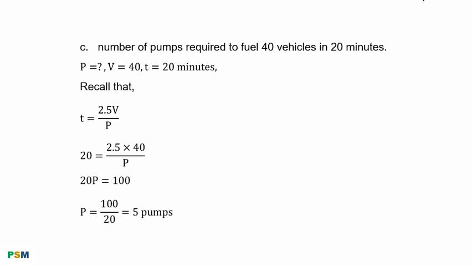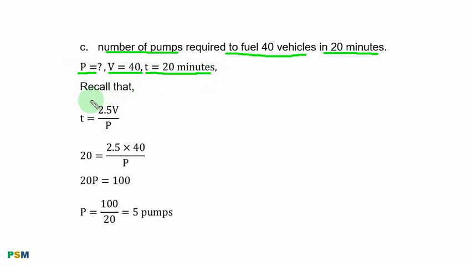C part of the question: we are to find the number of pumps, that is P, required to fuel 40 vehicles in 20 minutes. From here, P is equal to unknown, V is 40, and T is 20 minutes.